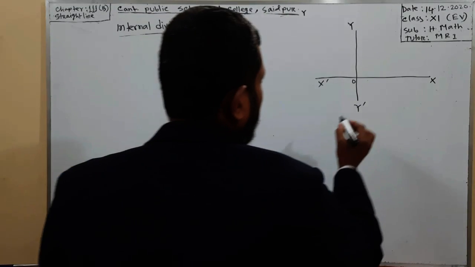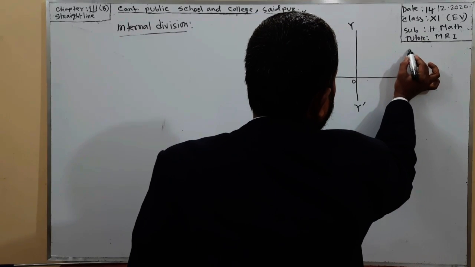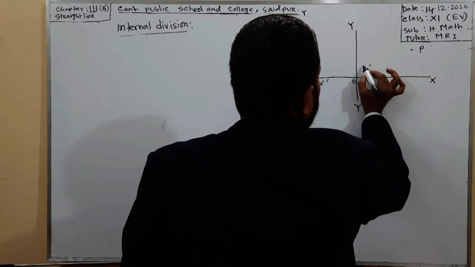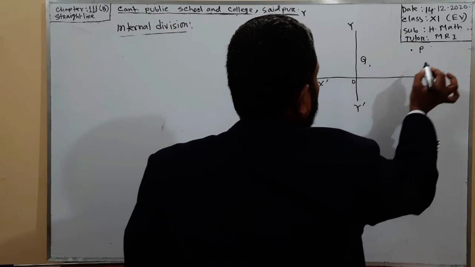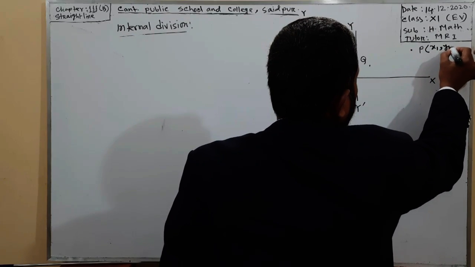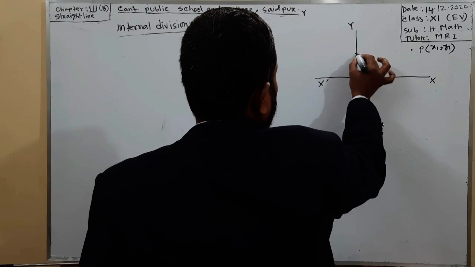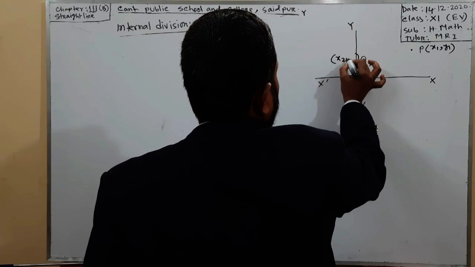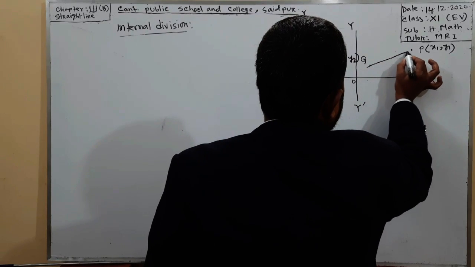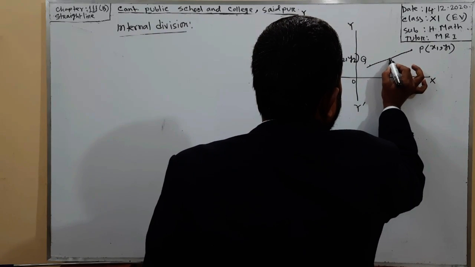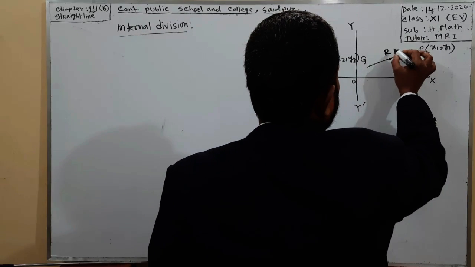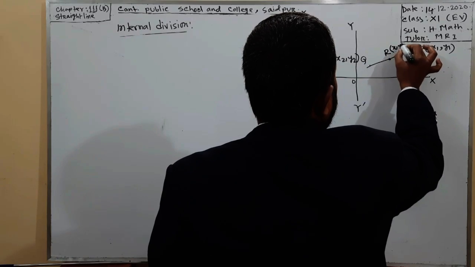O is the origin, P and Q are 2 points. The coordinates of P are (x1, y1), and the coordinates of Q are (x2, y2). R is another point. The coordinates of R are (x, y).